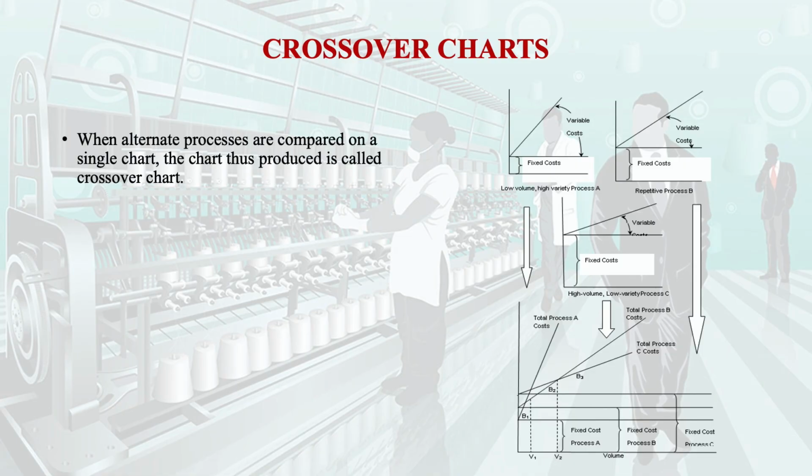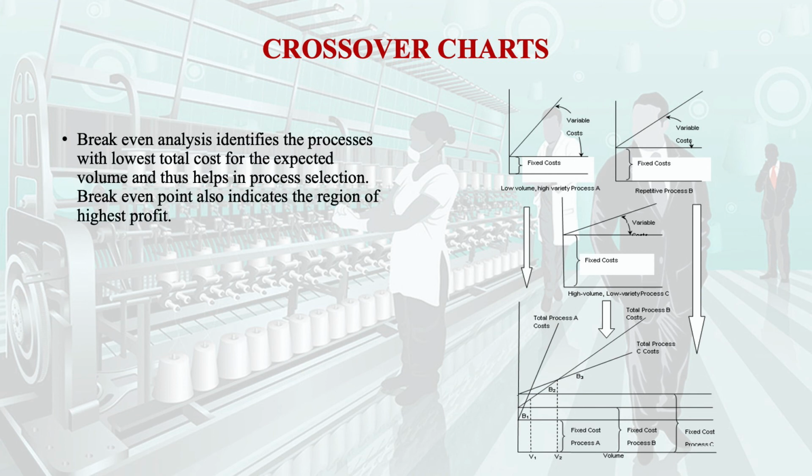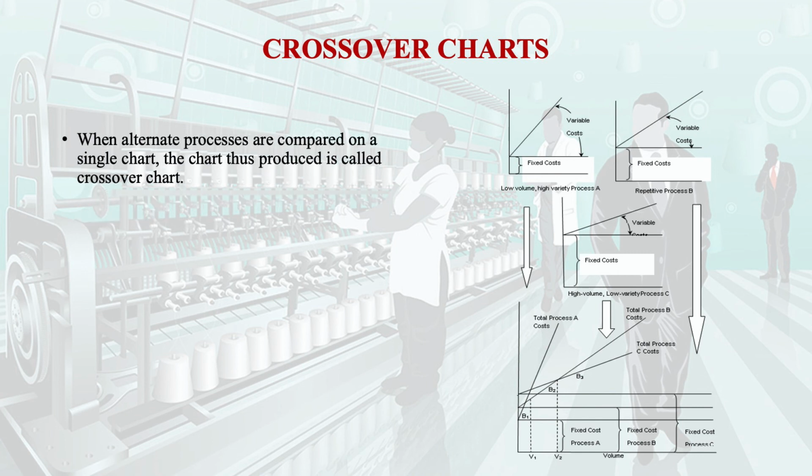Another very important chart is your crossover chart. Basically, we have discussed the break-even chart for a single entity or a single graph. If you just see, product A is on the left side and product B is on the right side. A crossover chart refers to the chart formed by plotting the alternate processes on a single chart. That means for product A, there are two processes: process A1 and process A2.